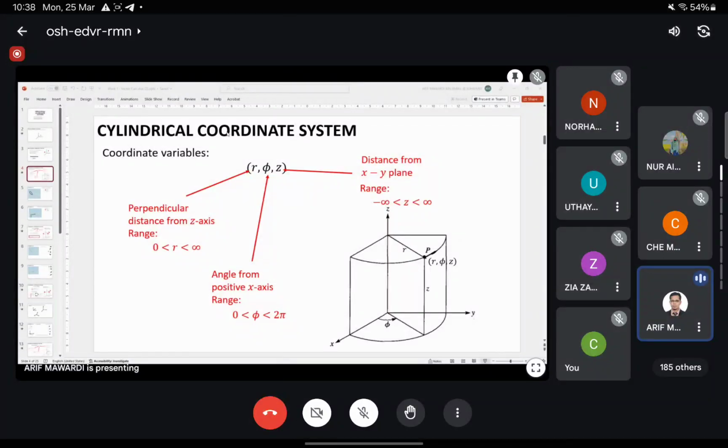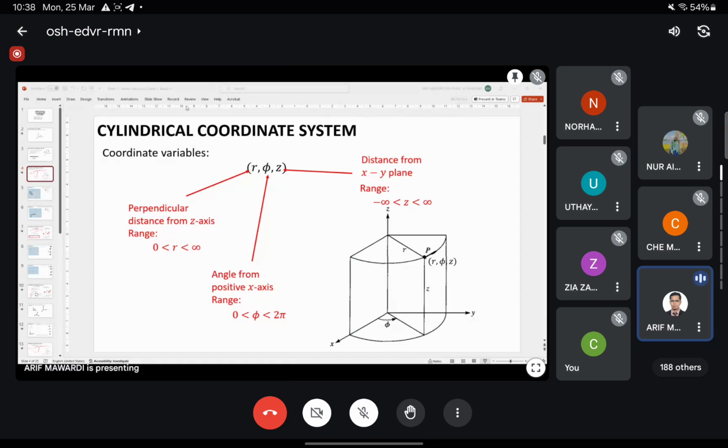Z. So by specifying these three coordinates, you can uniquely specify the location of a point in space. Let me remind you quickly.